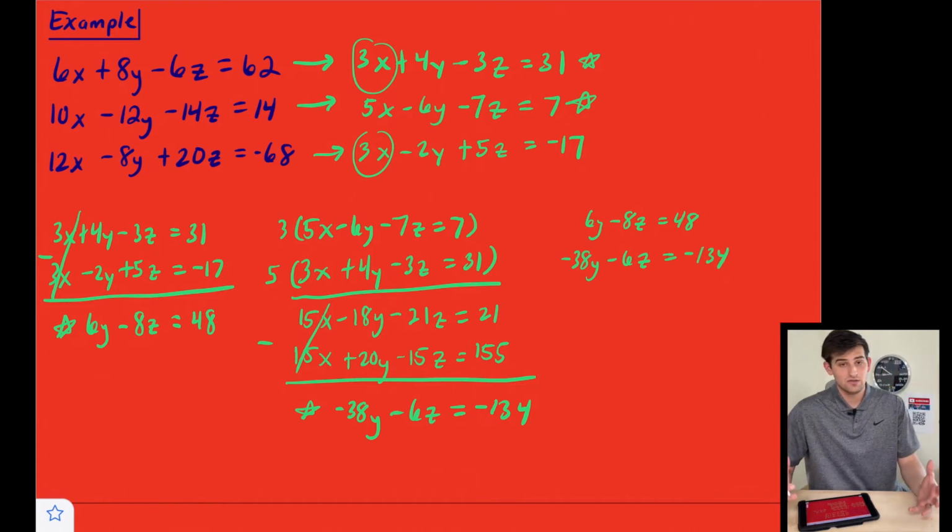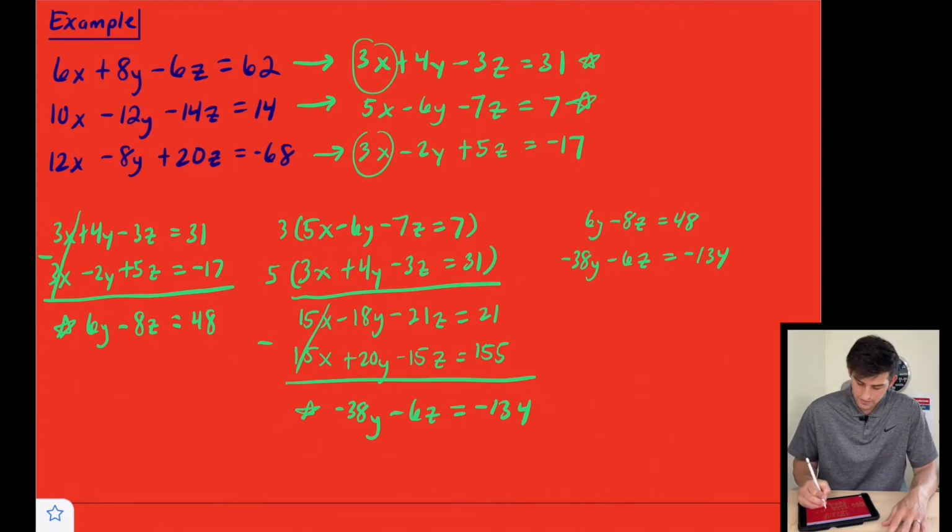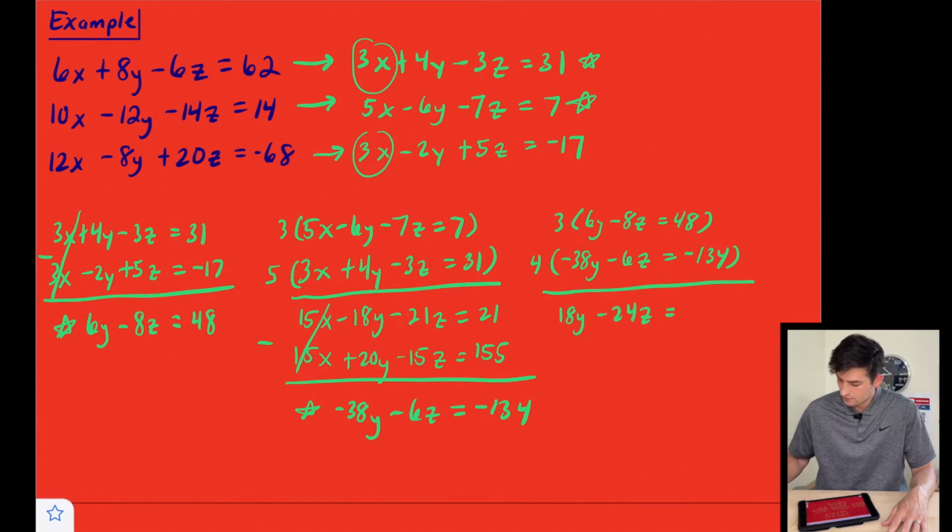Okay, and now we need to eliminate one of these variables, and let's eliminate z because we have a negative 8 and we have a negative 6. And let's say make them both be 24, right? So let's multiply this top equation by 3, and let's multiply this bottom equation by 4. So now we're going to have in the top equation 18y minus 24z equals 48 times 3 is 144.